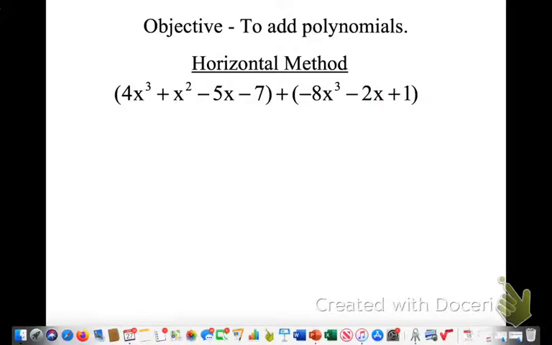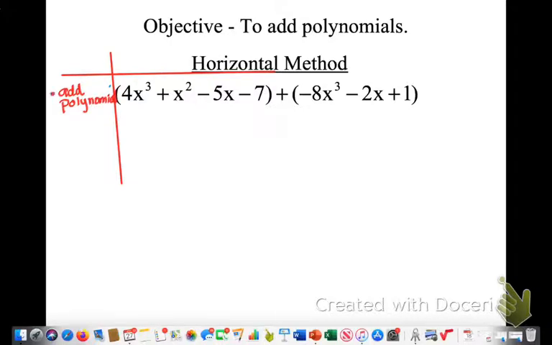So in your Cornell notes, I do expect that you have a decent size space. You're going to write add polynomials.